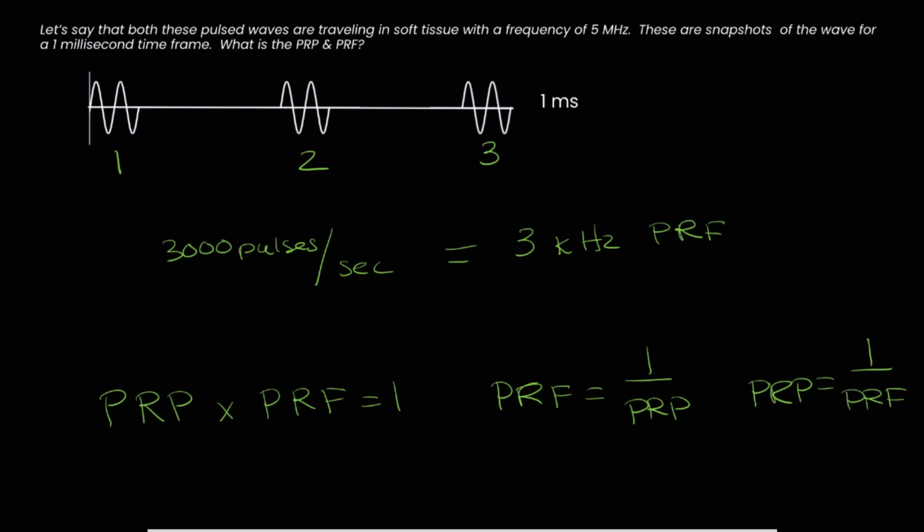To calculate PRP, then, we're just going to use the magic of reciprocal flip-flop. So we need to move the 3 down into the denominator position under a 1. 1 divided by 3 equals 0.33 milliseconds for PRP. Note that we are using complementary units for milliseconds and kilohertz for the PRP and the PRF.